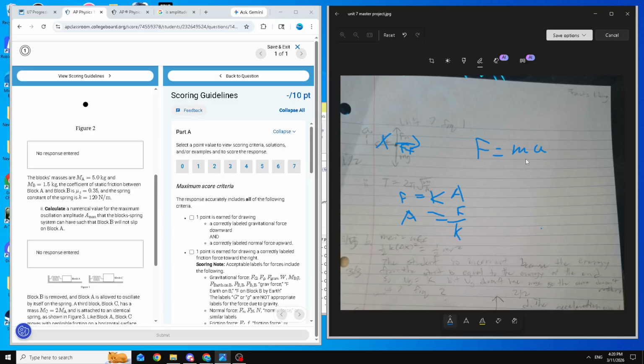Force is equal to mass times acceleration, and the mass is mA plus mB because there are 2 of them and they're on top of each other. And the force is the force of friction, which is equal to mu times Fn, but Fn is based on the free body diagram.